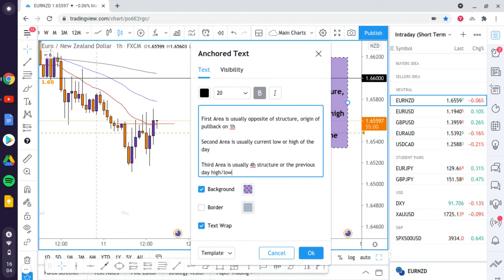Because again, there's a reason why price stopped at those areas to then make that the low or the high of the previous day, because the buyers or the sellers didn't allow price to go any further than that. That's why the high of the day is what it is and the low of the day is what it is, because it couldn't go one pipette further. It couldn't even, never mind a pip.